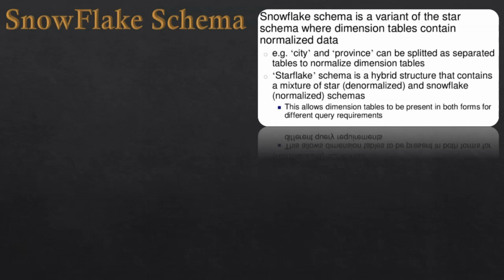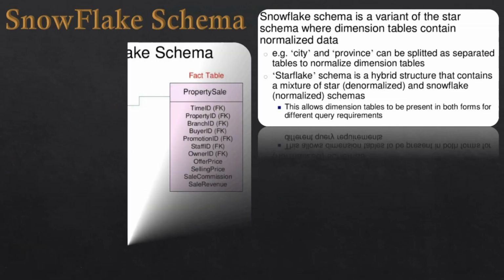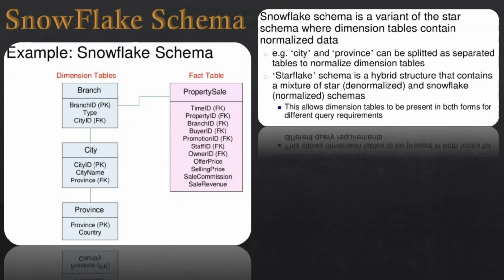Snowflake schema is a hybrid structure that contains a mixture of star and snowflake schemas. This allows dimension tables to be present in both forms for different query requirements. This is how a snowflake schema actually looks.